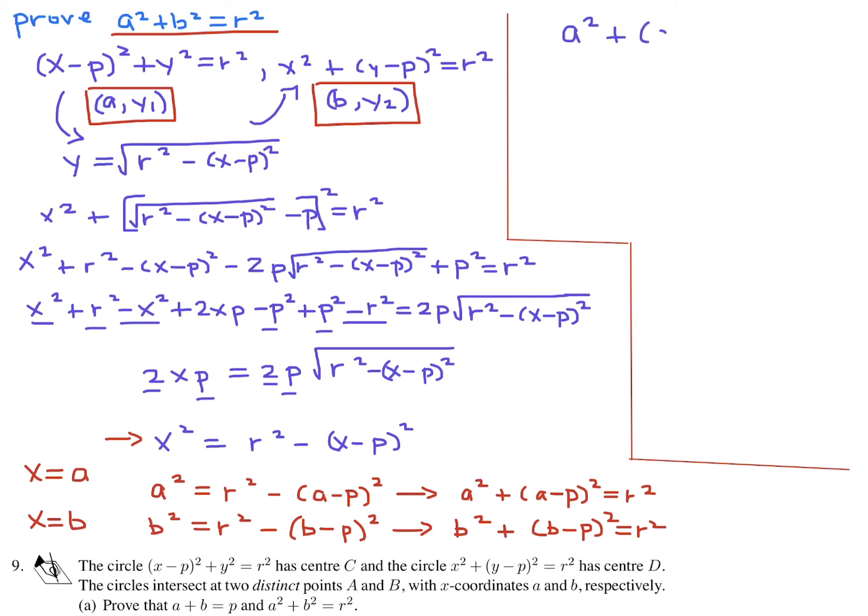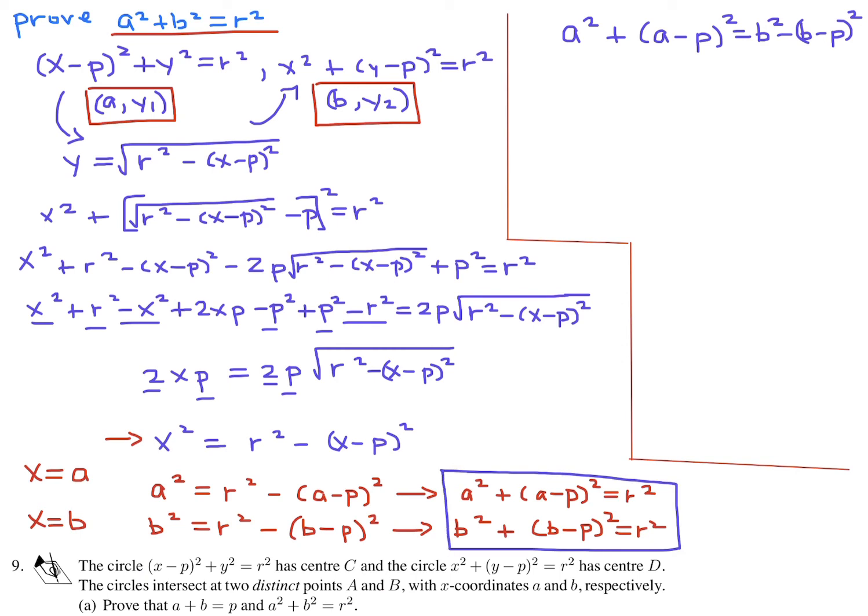We've got a² + (a − p)² = b² + (b − p)². Correct? But unfortunately, if you did that, the r's disappear altogether. And we've got to show that r is part of our proof in terms of our final result. So maybe that approach isn't so good.